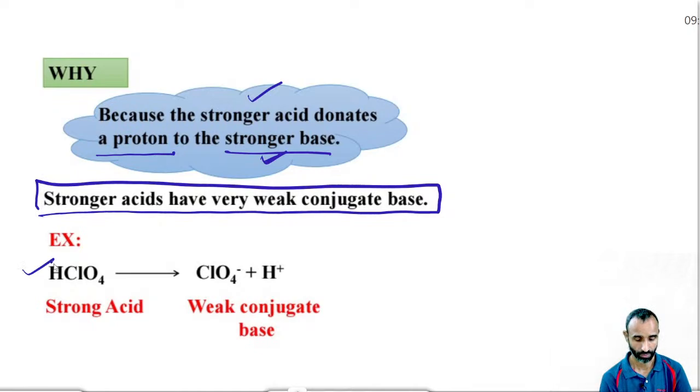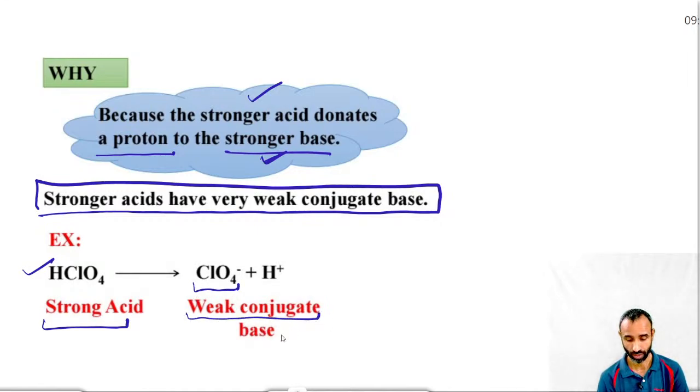For example, perchloric acid HClO4 is a very strong acid, so it will give H plus ions strongly, meaning it is a very good proton donor, and therefore we get ClO4 negative, which is a weak conjugate base. Why is it a very weak conjugate base?